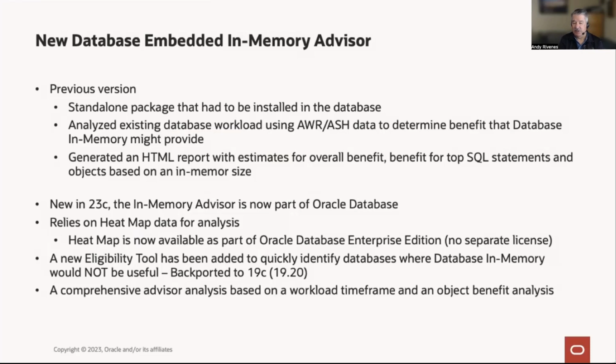So in the 19.20 RU, the DBMS_INMEMORY_ADVICE package is in the database, but it's only for the eligibility feature. And then in 23C, not only is that there, but also the ability to do the new in-memory advisor. So they're both there in 23C.